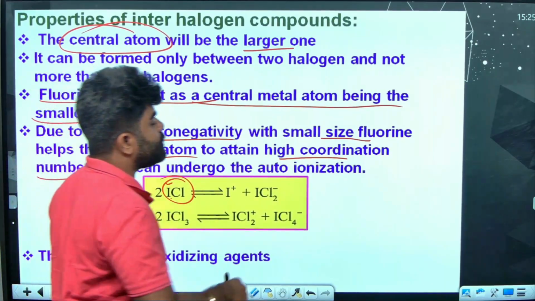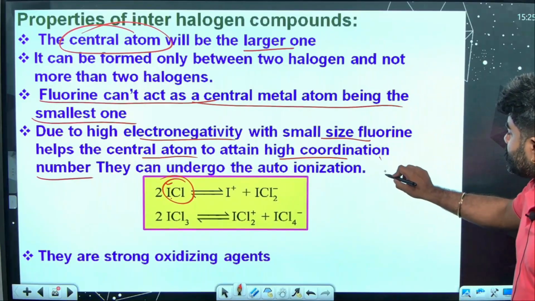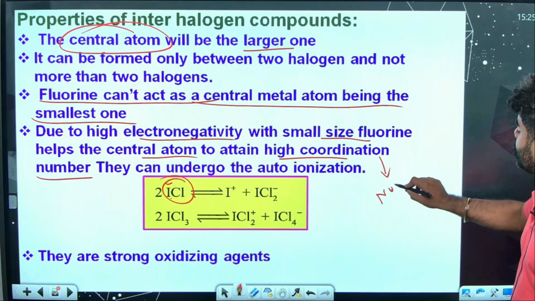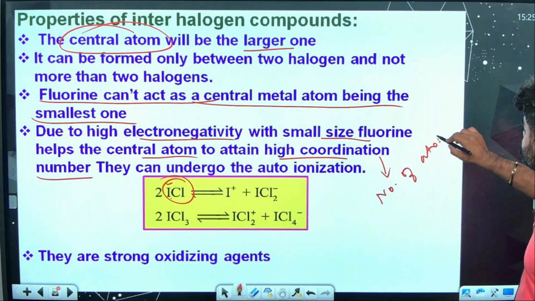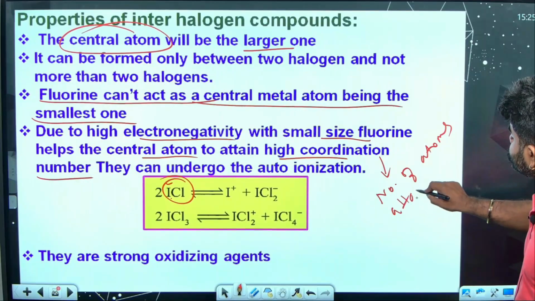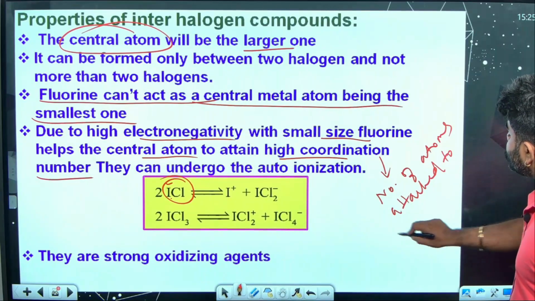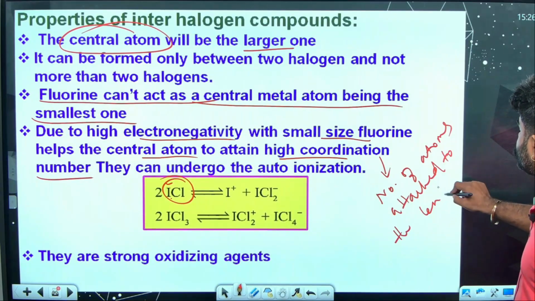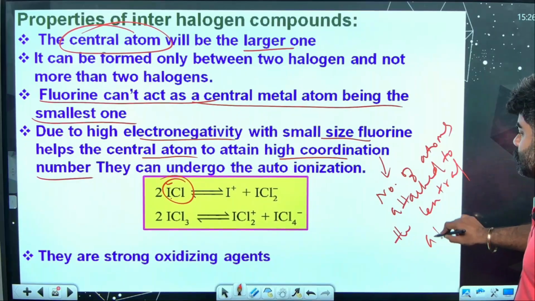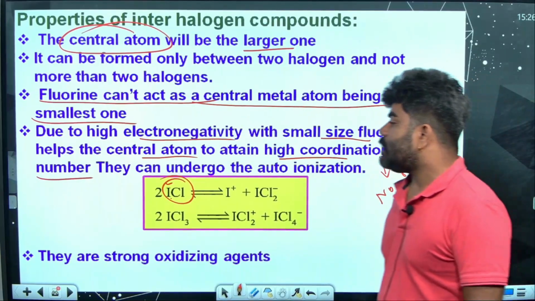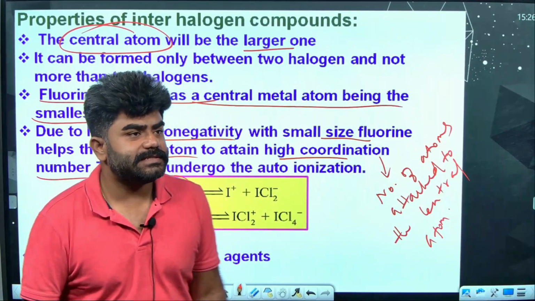High coordination number அப்படின்னா என்ன? Coordination number அப்படின்னா the number of atoms attached to the central atom, அதுதான் coordination number, okay.